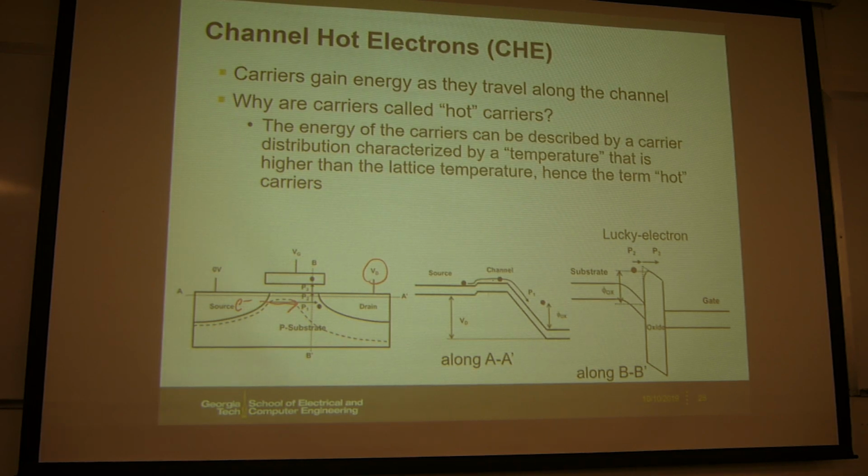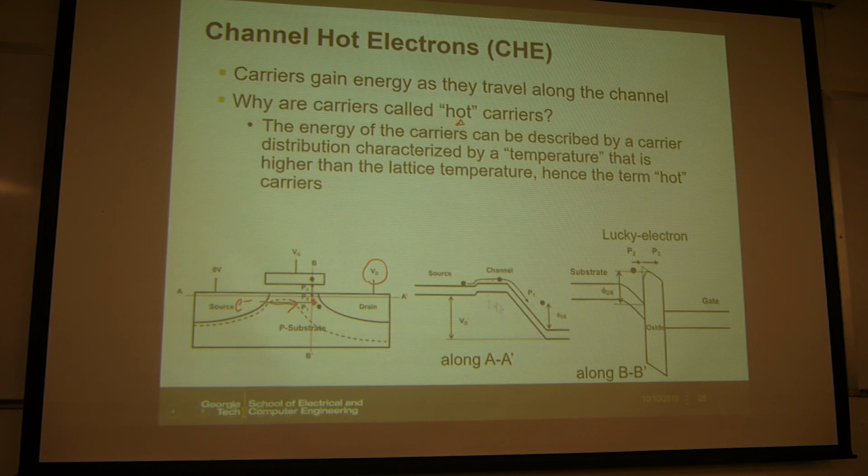And then the electrons will have high kinetic energy as they approach the drain. Kinetic energy means temperature in some sense, so those electrons become hot. That's why this is called the hot electron. So if the electrons become hot, with high enough energy, okay.